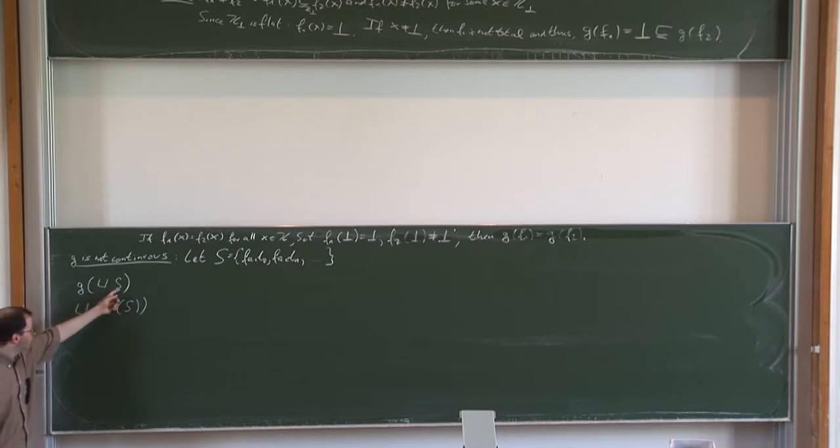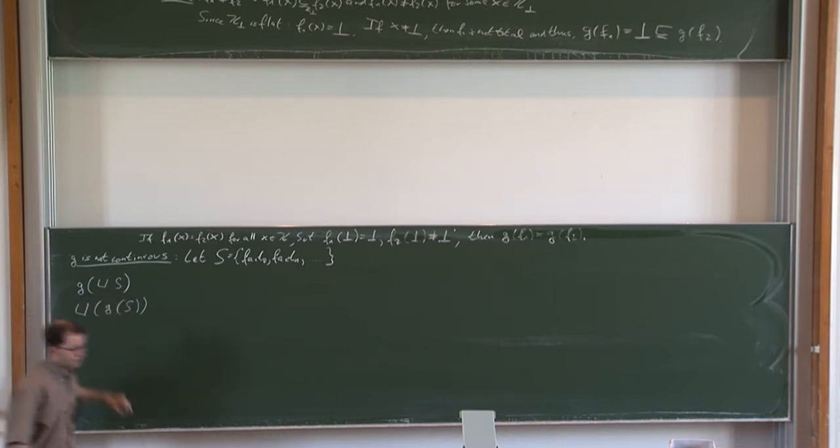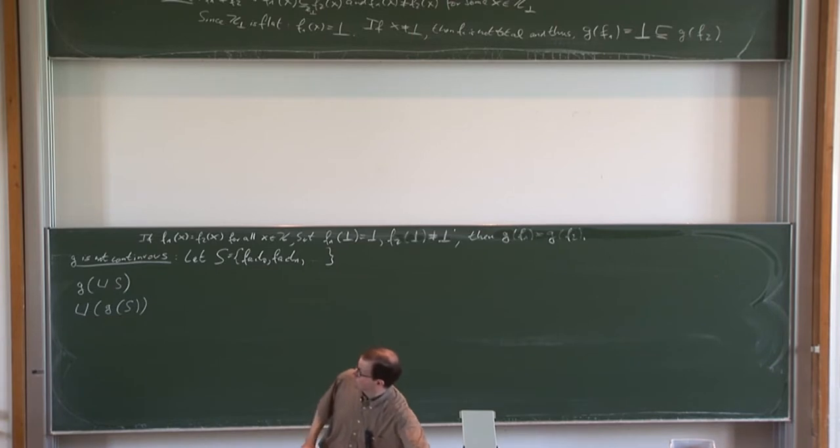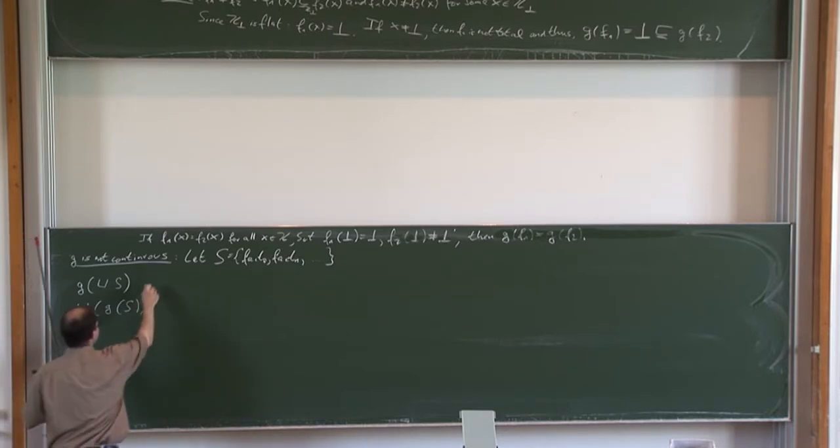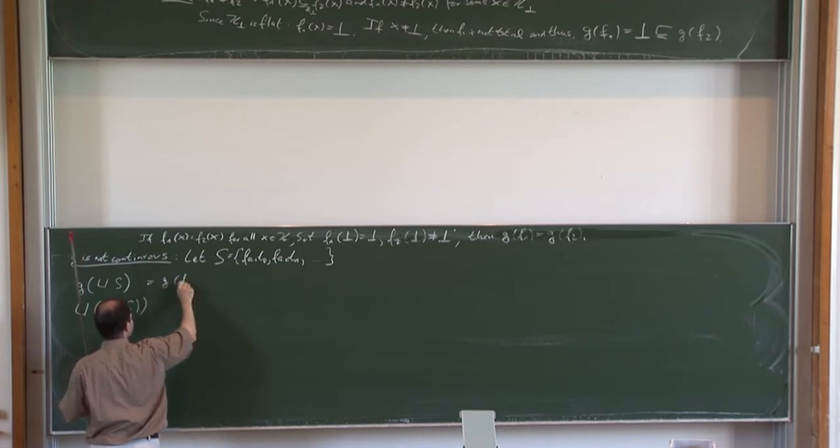Now, the least upper bound of this chain here is this function fact. So this is g of fact.